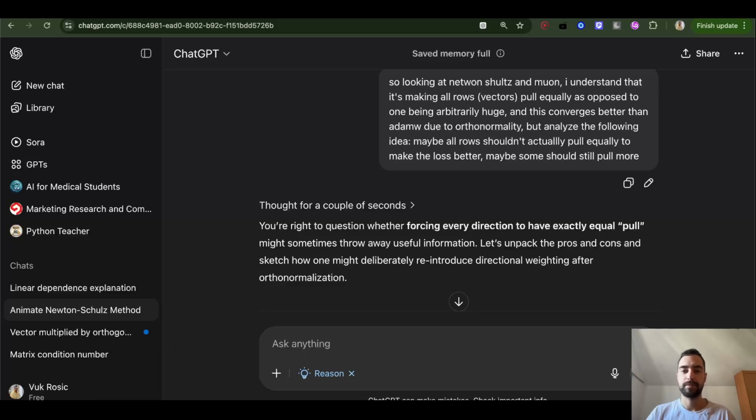But the issue with this is that maybe some rows, some vectors should be a bit stronger, a bit longer than the rest to make the loss go down faster. So that's maybe a future research direction. How do you actually distinguish between vectors being longer because they got multiplied with huge numbers as opposed to being longer because they actually reduce the loss better?